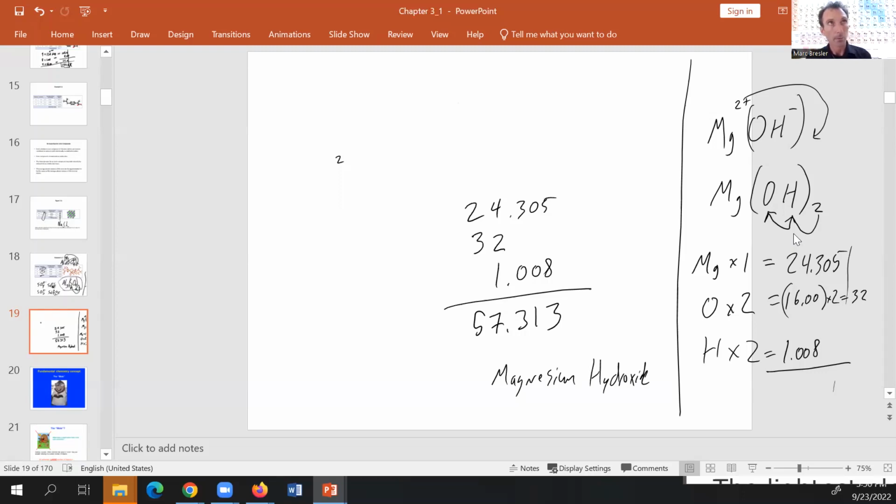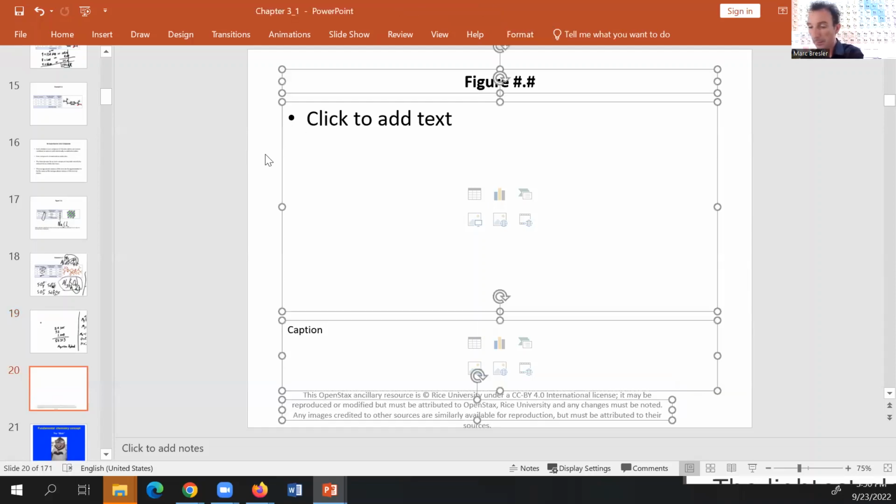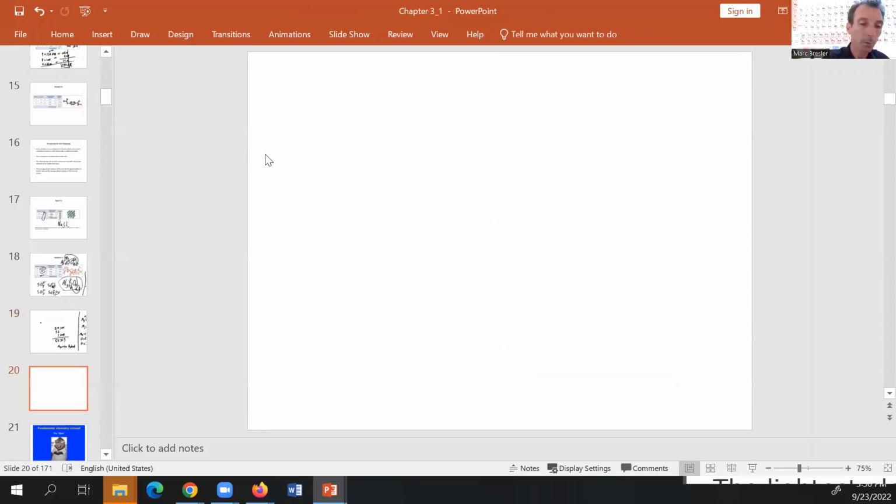And then finally, I want to get one example where that parentheses is a little bit more complicated, where we have to kind of distribute it. So I think a good example would be maybe phosphate, PO4 3 minus. Make sure it's phosphate, right?